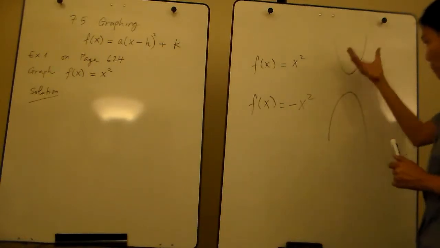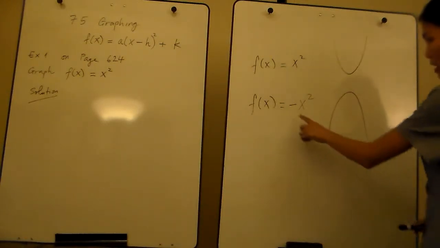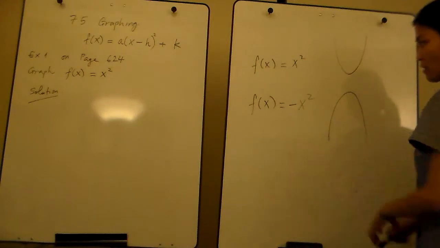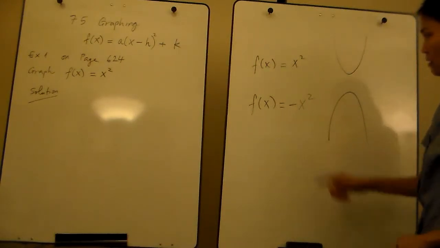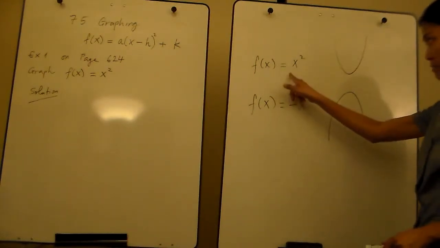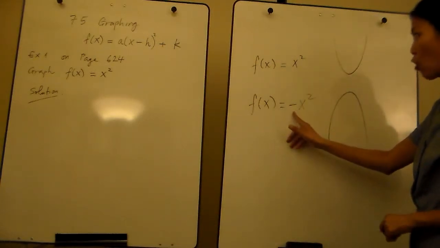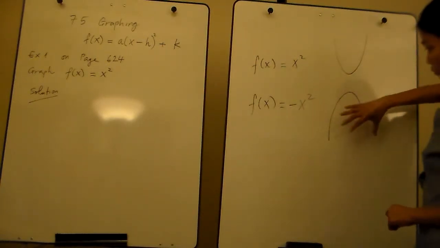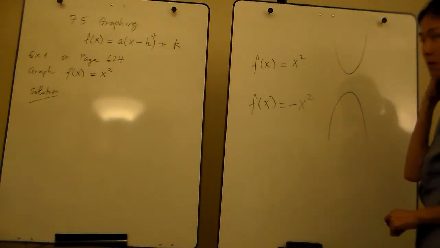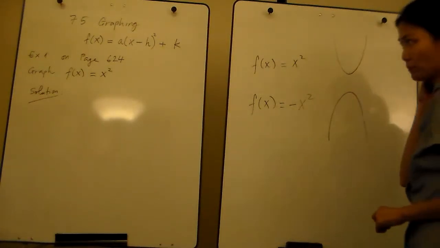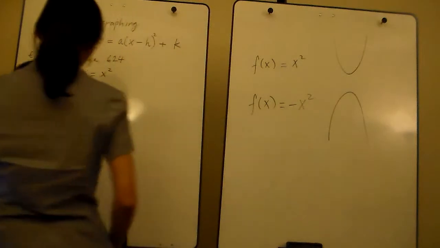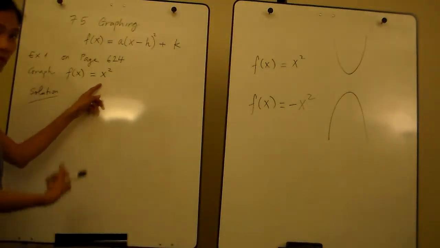This opens up, this opens down when you have a negative coefficient of x squared. Okay, so a positive coefficient of x squared opens up, a negative coefficient flips the other way around. So for this case, f of x equal to x squared is going to open up.